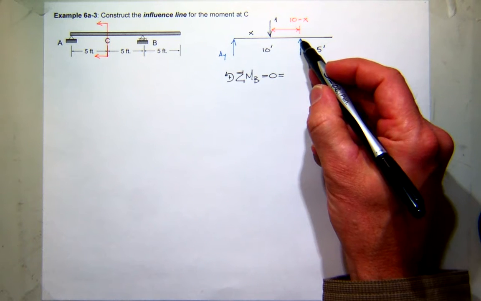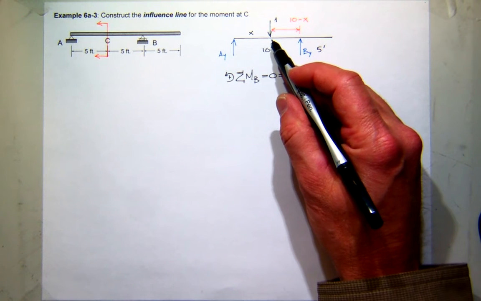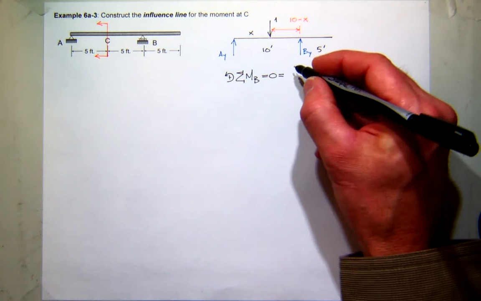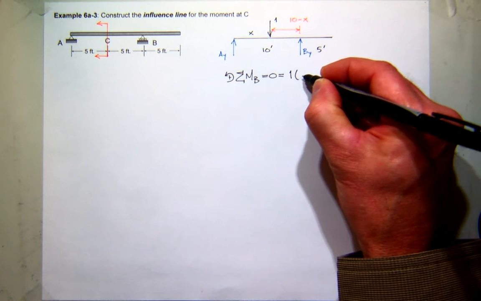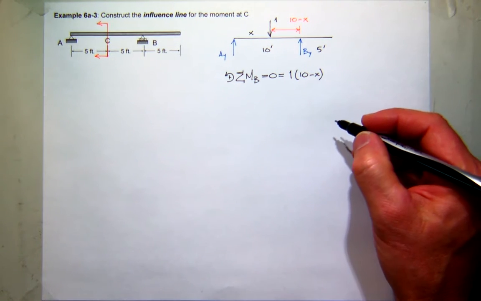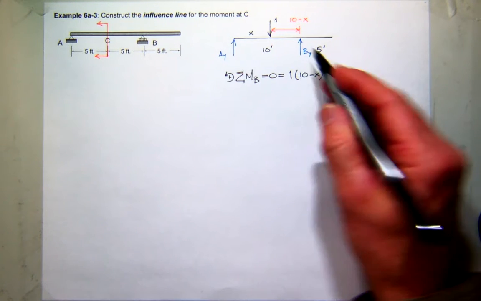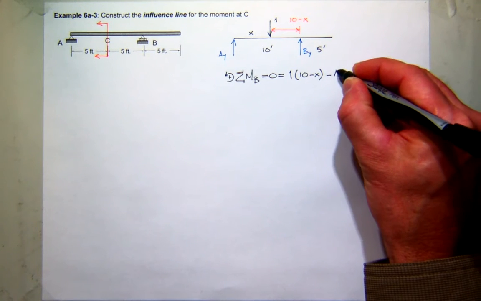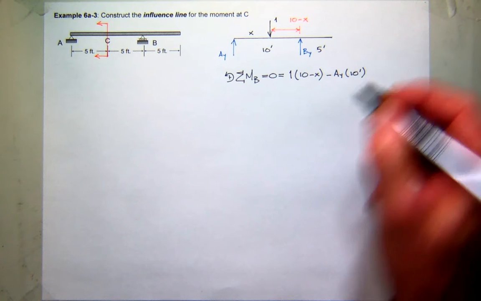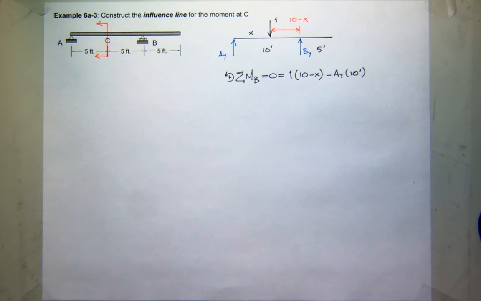So around B, the unit load creates positive or negative moment? Positive. So force times distance. And then AY about B creates negative moment. Force times distance. So let's solve for AY.